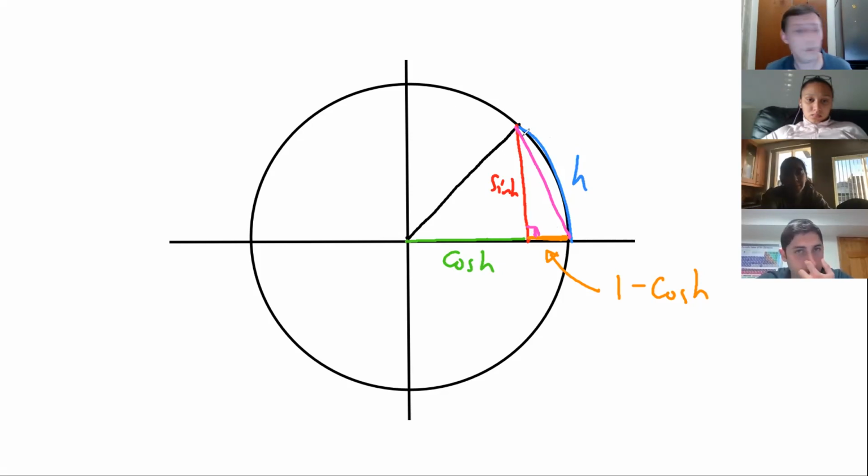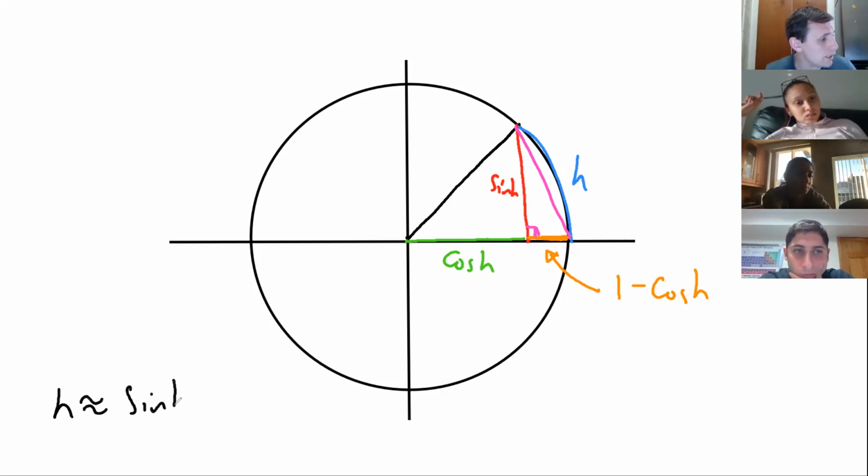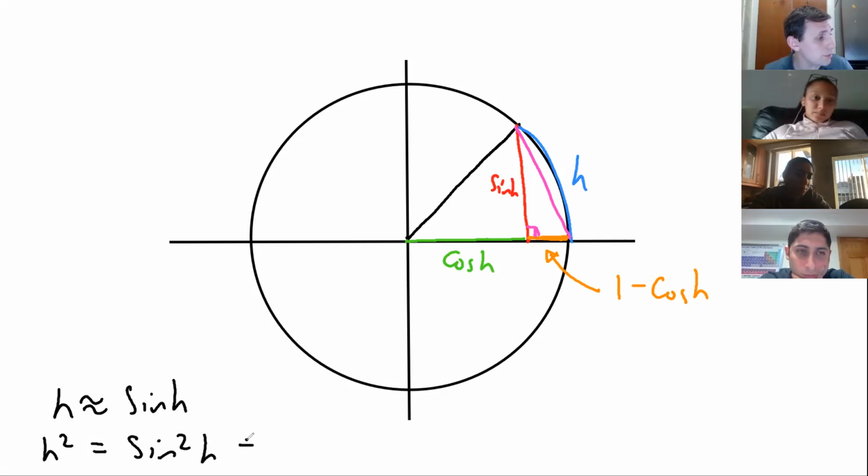You see how I'm reasoning, guys? Essentially we have that h is almost the same as sine h. But we also have that h squared is equal to sine squared h plus 1 minus cosine h squared.